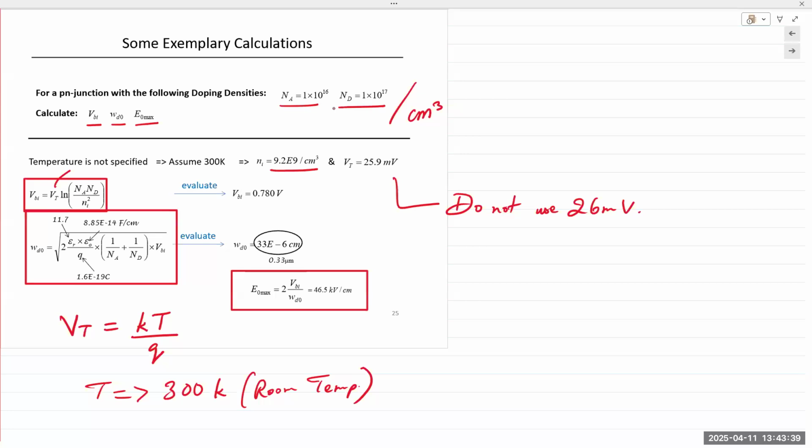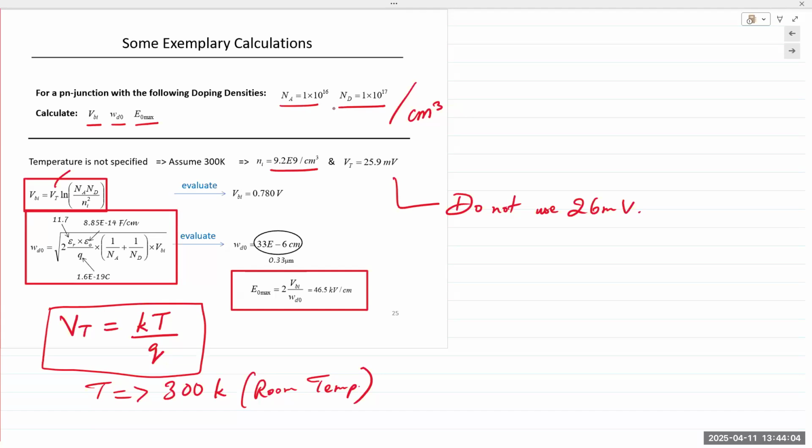Okay. Always calculate using this. K is the Boltzmann's constant. Pretty standard. Q is the standard unit charge. Plug those values in, and you should be able to get 25.8. I typically like to go 3 or 4 decimal places. So you plug those in, you find VBI.